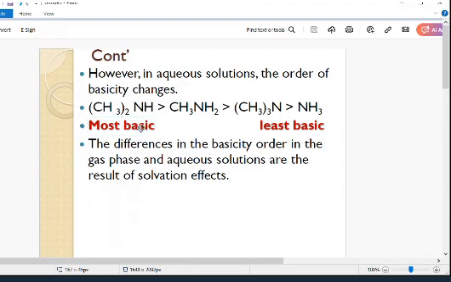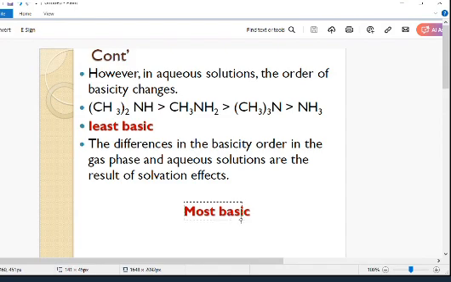Let me just try to fix it. So of course, it is reversed, and I'm going to explain why. So this one becomes the most basic. The other one becomes the least basic.